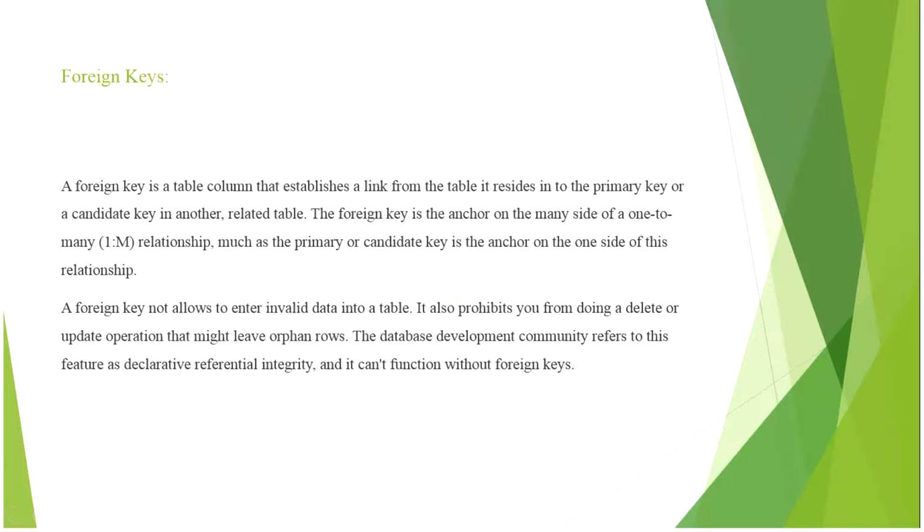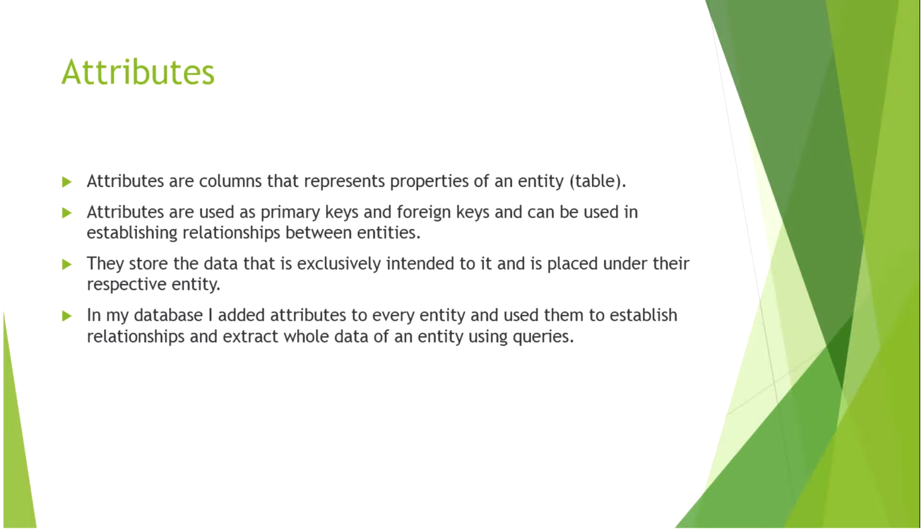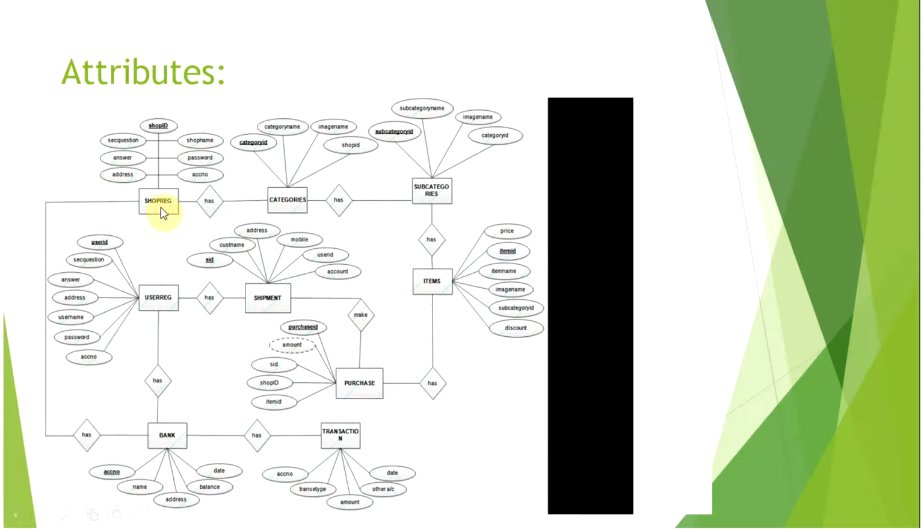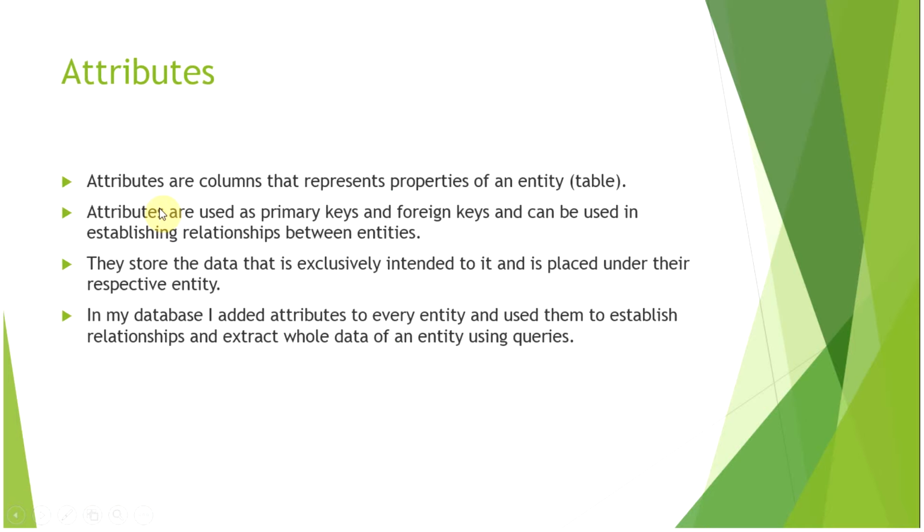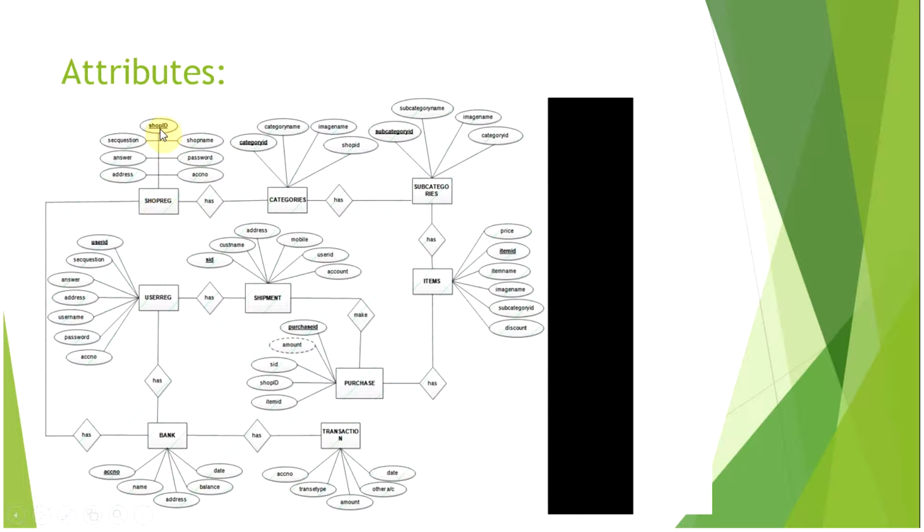Coming to the foreign key, a foreign key is a table column that establishes a link from the table it resides in to the primary key or a candidate key in another related table. The foreign key is the anchor on the many side of a one-to-many relationship. This means that in my database, shop registry has shop ID as primary key.